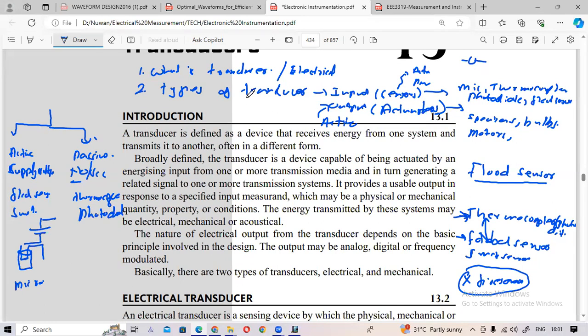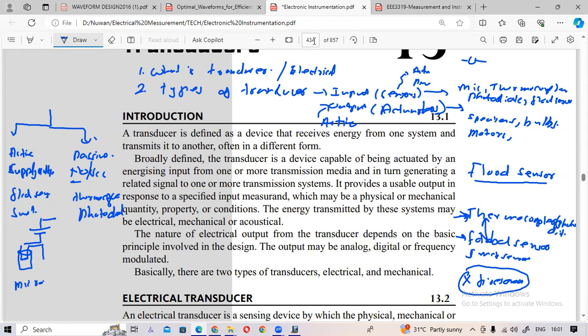What is a transducer? What is an electrical transducer? Types of transducers. Give some examples. Write it. You can take a note. Now you are engineering students. You are not A-level students actually.